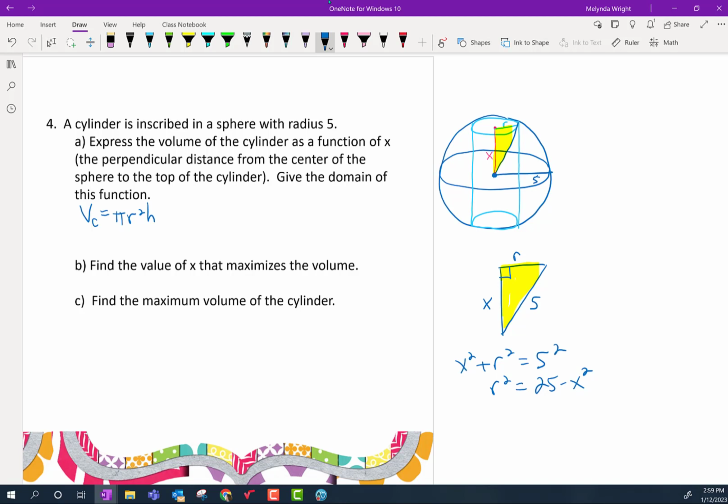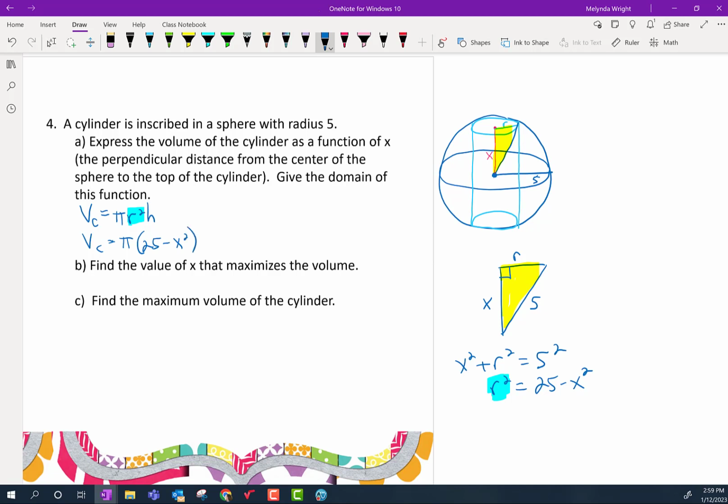Now I'm going to pull out that r squared and replace it with 25 minus x squared. The things I have highlighted in blue, I'm going to replace that r squared with 25 minus x squared. So the volume of the cylinder is pi times 25 minus x squared.